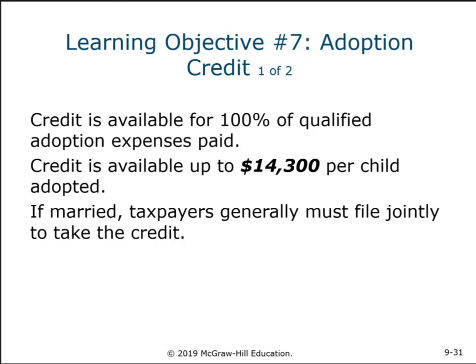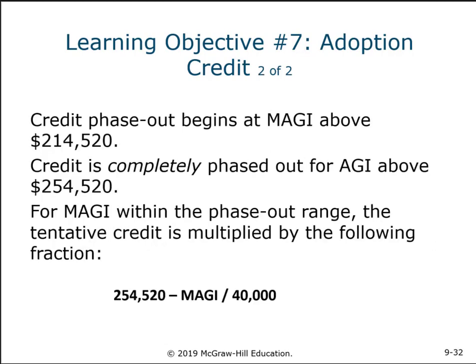This is non-refundable, so it will only do you good if you have a tax liability. Starts to phase out at $214,520, completely phased out at $254,520. That's a $40,000 phase out range. Different than we've encountered previously. We've had $20,000, we have $10,000, but this one is $40,000.